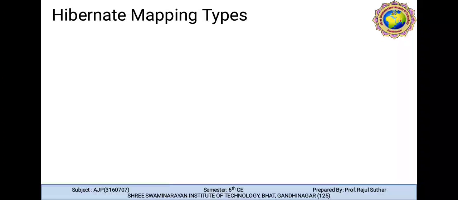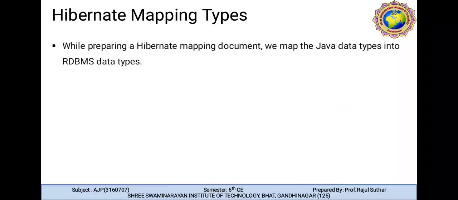In this section, we will list out the basic data types like date, time and binary large object data types, and some of the primitive data types and their Java types as well as SQL types. Let me check one by one. While preparing a Hibernate mapping document, we map the Java data type into the Relational Database Management System (RDBMS) data type.